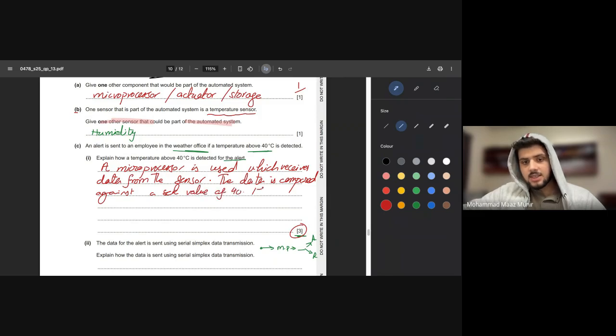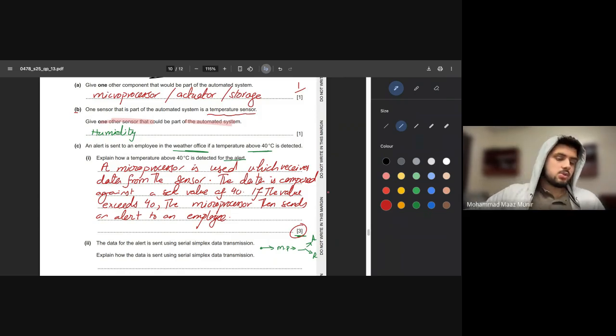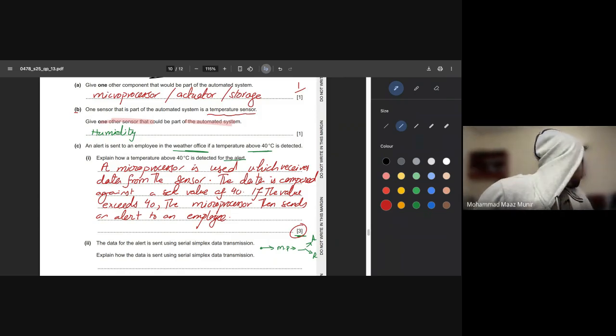If the value exceeds 40, then it means that it needs to send an alert. So the microprocessor sends an alert to an employee. Perfect, 3 on 3 for this.